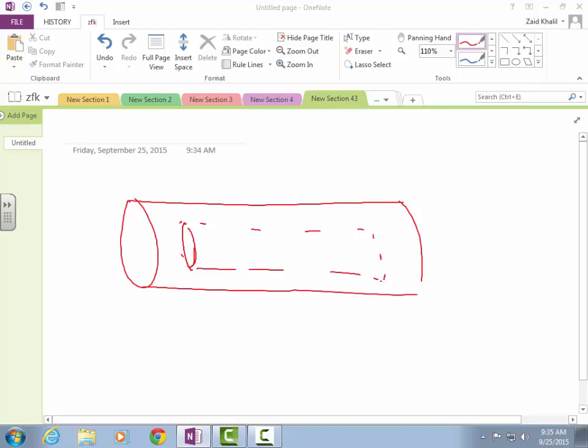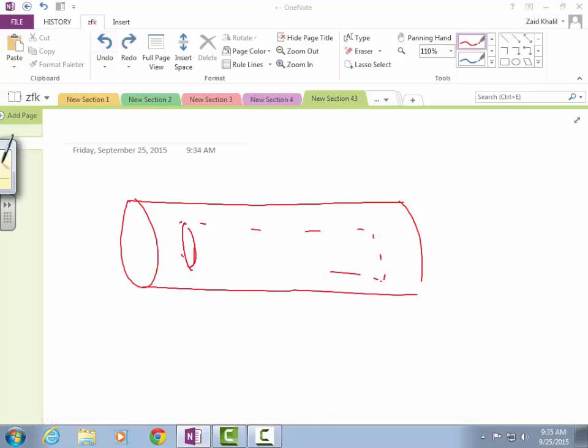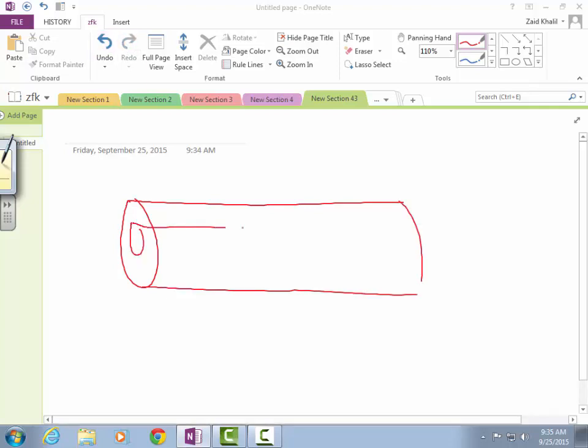What I mean is, don't worry about the endpoints or how long this thing is. At the end of the day, you like to be able to exploit symmetries.